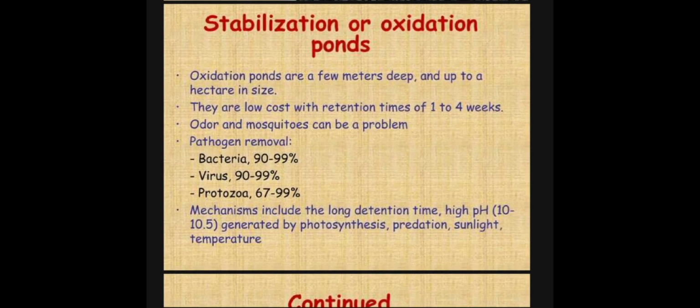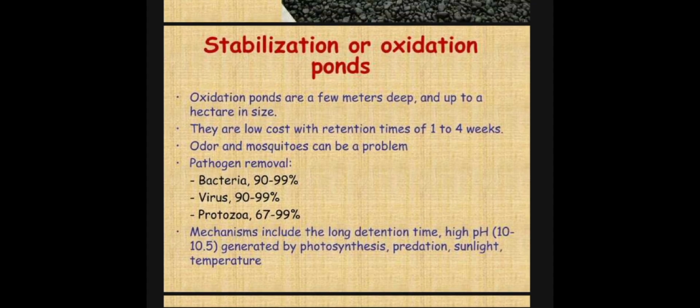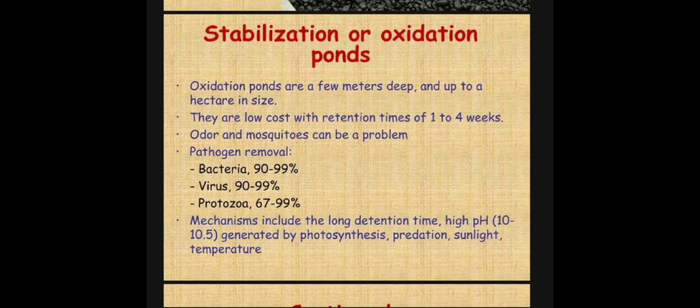We also need to know about the oxidation pond, which is in the fifth chapter, but we can discuss it here as well. Oxidation ponds are a few meters deep and up to a hectare in size.